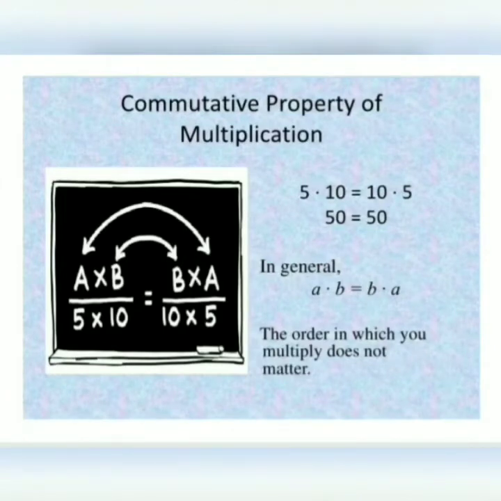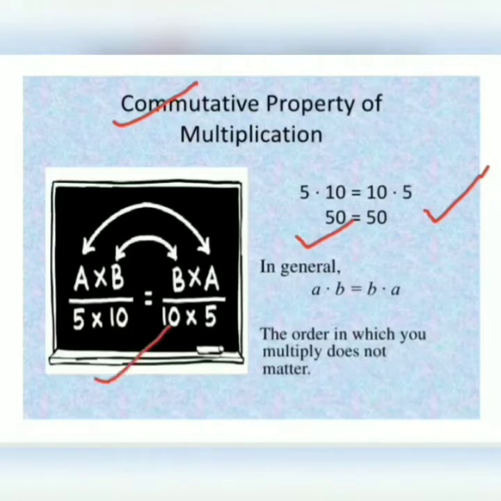Next is the commutative property of multiplication. So let's see the example. If we multiply 5 with 10, then the result is 50. And if we multiply 10 into 5, then also the result will be 50.